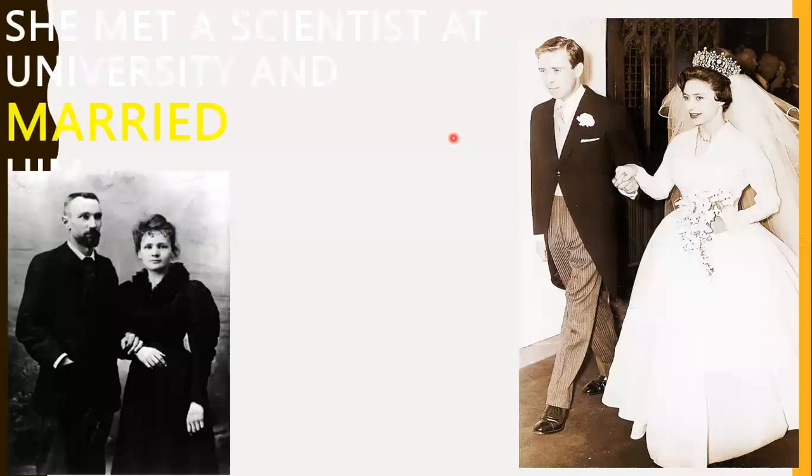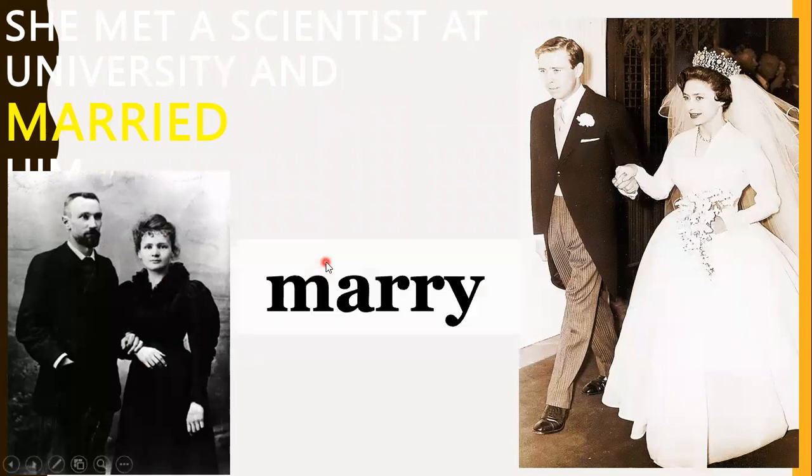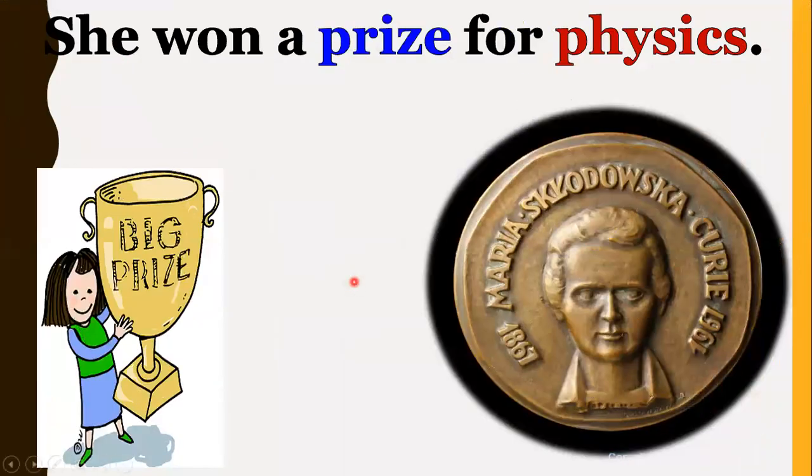What happened when she went there? She met a scientist there, Pierre Curie, at the university, and they got married. We have here the word marry, to become husband and wife. Together they worked hard.